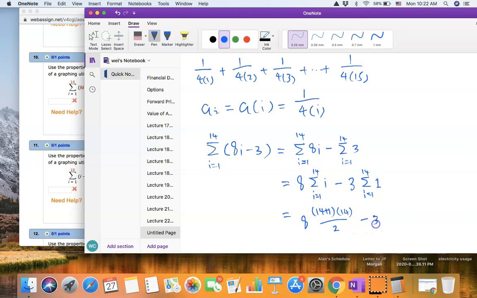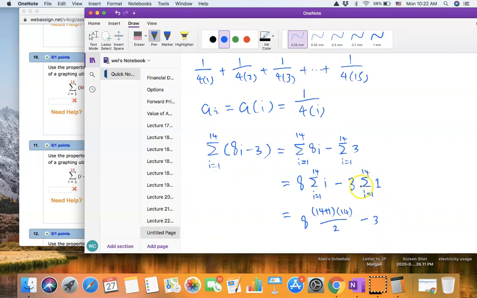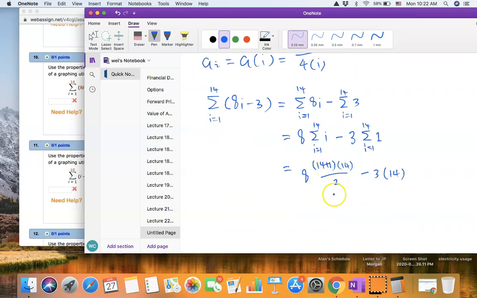Okay, and minus the sigma of 1 equals n, so this equals 3 times 14. Okay. Now 14 divided by 2 is 7. So this is 8 times 14 plus 1, 15 times 7 minus 3 times 14.